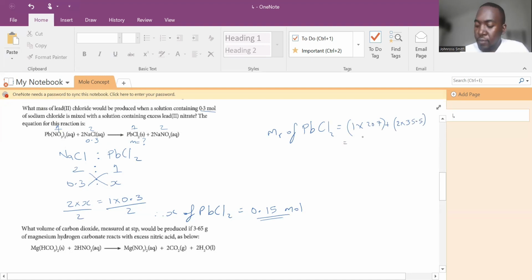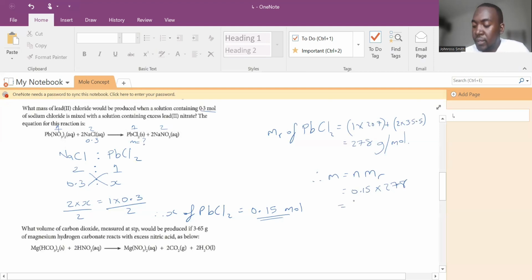Okay? And that gives us 278 grams per mole. And now that we know that, we can therefore find the mass, which is equal to the mole times the molar mass.